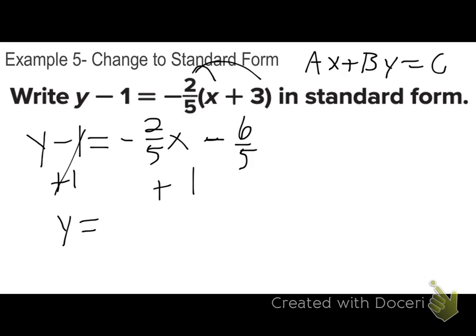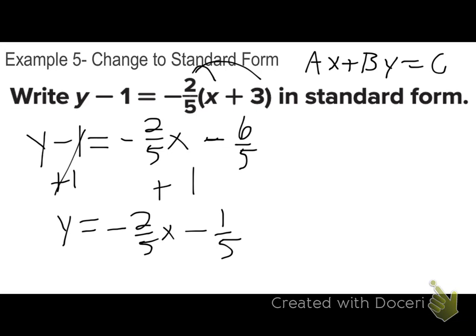The negative 6/5, the other constant, right? It's not a like term with negative 2/5 x, so it goes with negative 6/5. What's negative 6/5 plus 1? Negative 1/5.